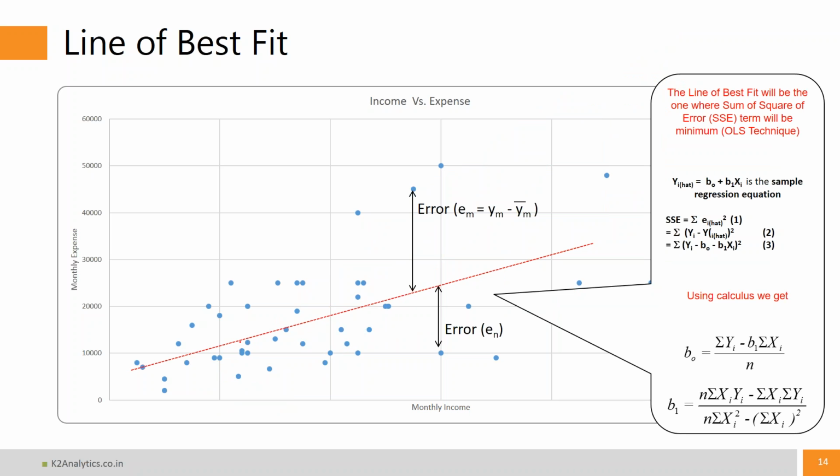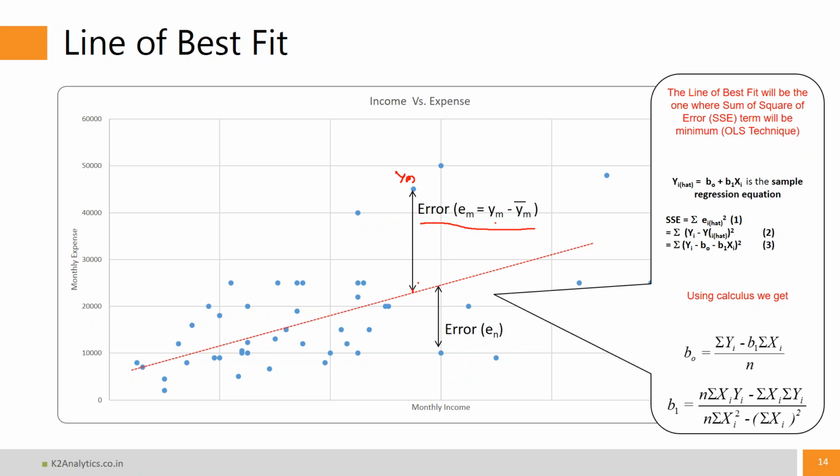Assume, I'm saying assume, okay? As of now, this is not a line of best fit. Assume this is a line of fit that you are trying to achieve. For this point, this is my error. Now the error would be ym. ym is actually the actual value of y for this data point.